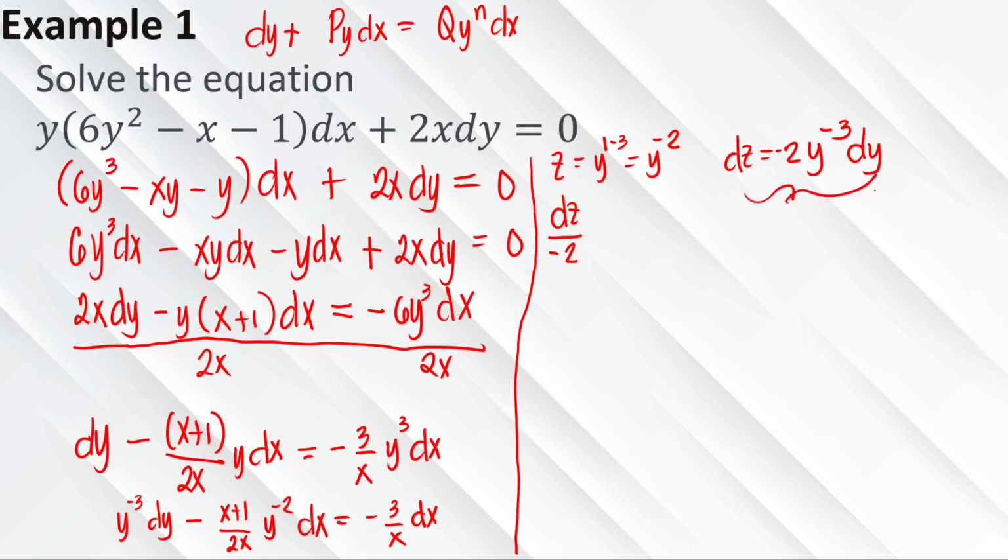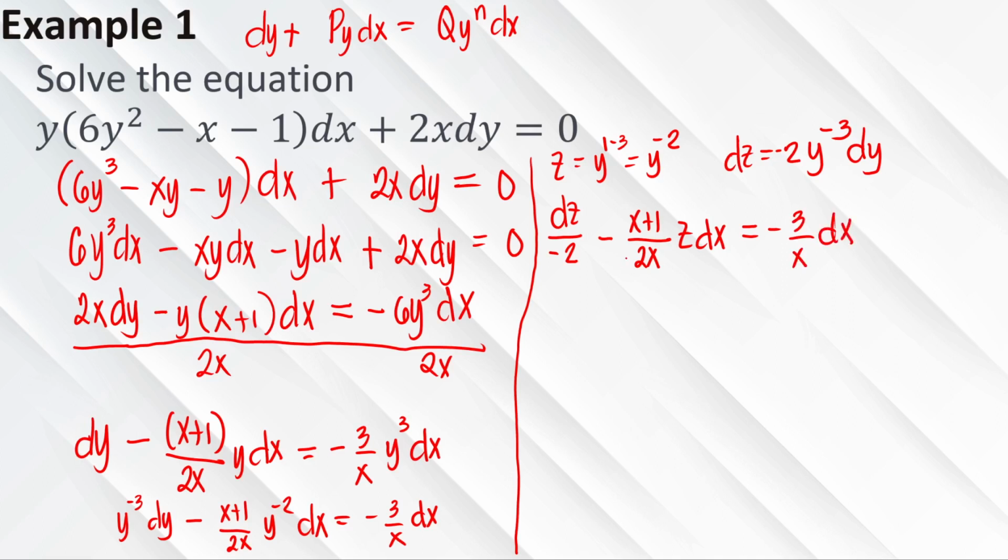Via this substitution or assumptions, minus (x plus 1) all over 2x. Y raised to negative 2 is z. So z dx equals negative 3 all over x dx.